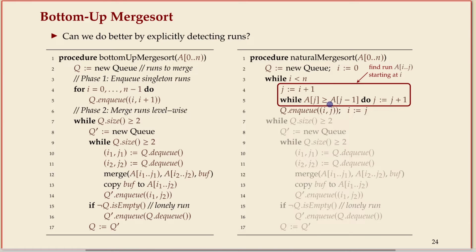And while that is increasing, so while the next element is bigger than the previous, I just increment that and enqueue the run that I find that way. For those reading the code carefully, there's a boundary check missing. You somehow have to check that j doesn't run past n. So you can imagine that there's some sentinel value that stops that from happening, minus infinity, I guess.